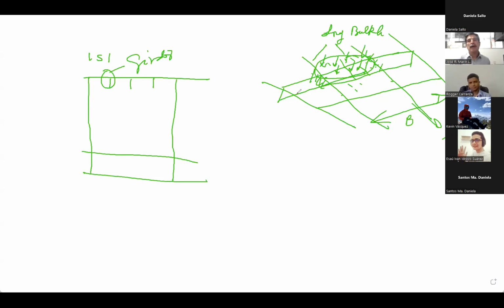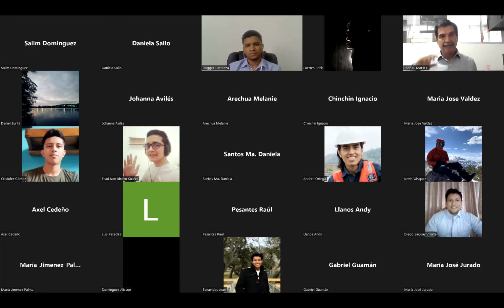About this assignment, I think it's a very good idea if you start getting familiar with the type of plans that you have to work with when you become an engineer. That's typical: you have a structural plan and you have to get information. Sometimes it's confusing, but review it, and finally you start making some sense.